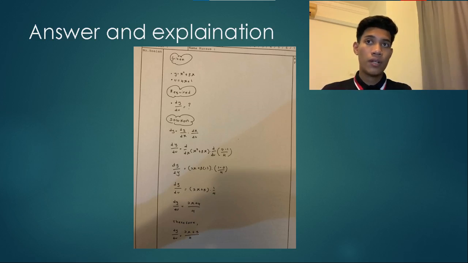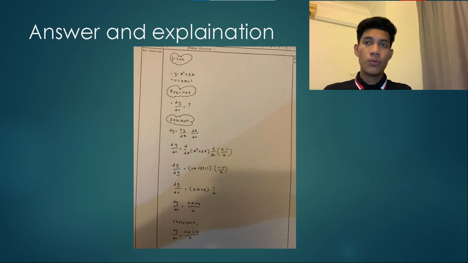Applying the chain rule, dy/du = d/dx (x^2 + 3x) · d/du ((u - 1)/4). Substitute the respective functions u = 4x + 1 to x = (u - 1)/4.